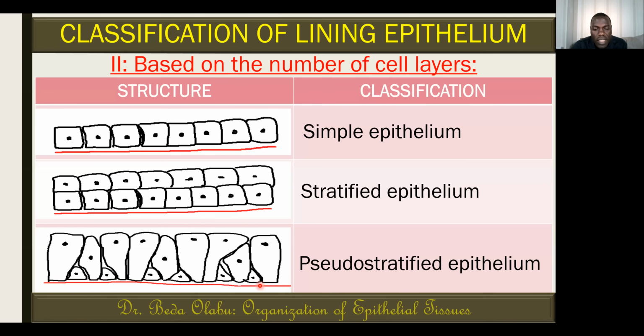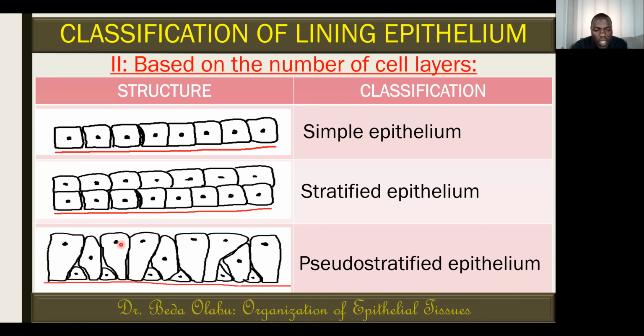Now that all the cells are resting on the basal lamina, it simply means that it is one layer of cells. So basically, it should be simple epithelium, but it's not similar to this one. You see, in this simple epithelium, the nuclei are in almost one level. But in this one, you see multiple levels of the nuclei.